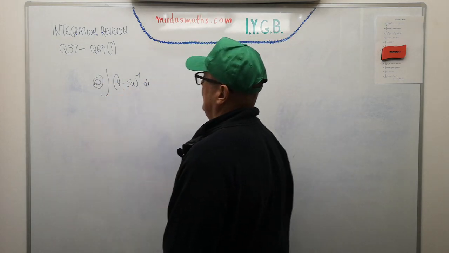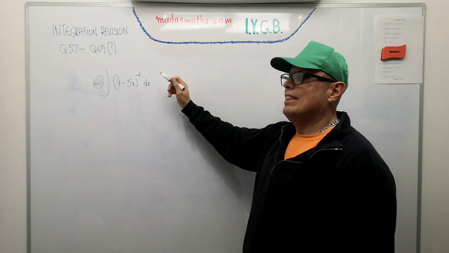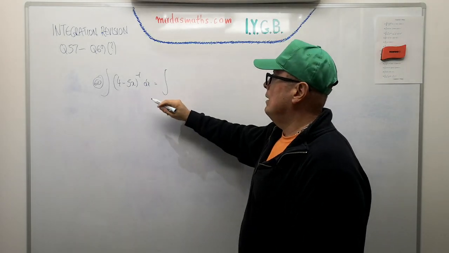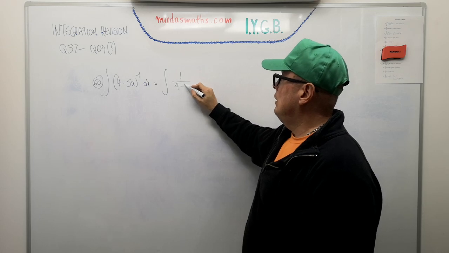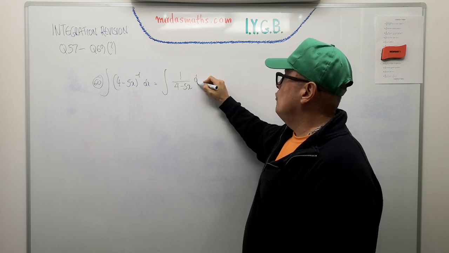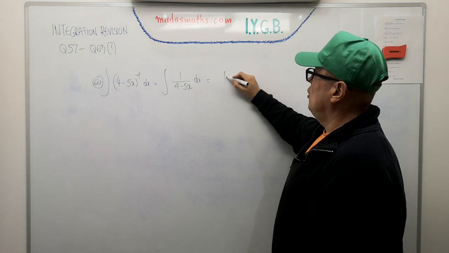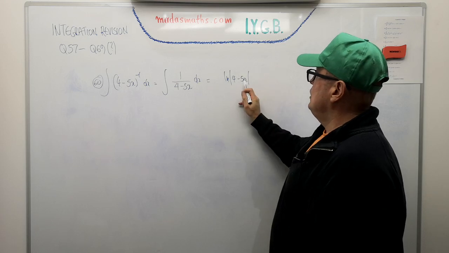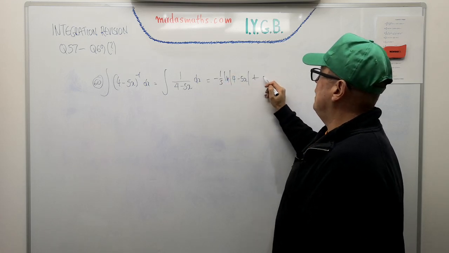And this is written in a very stupid way, just purely trying to confuse us because they think, okay, we might increase the power by 1. This is not anything about increasing by 1. This is simply a log, 1 over 4 minus 5x. That's the normal way the brain picks it up. And this, of course, is log mod 4 minus 5x. And we need to adjust the chain from there, minus a fifth at the front plus c.